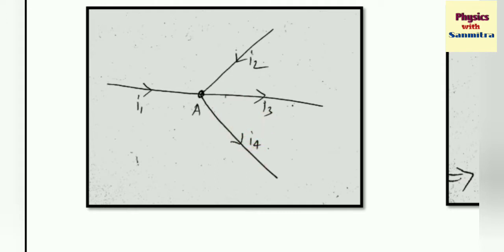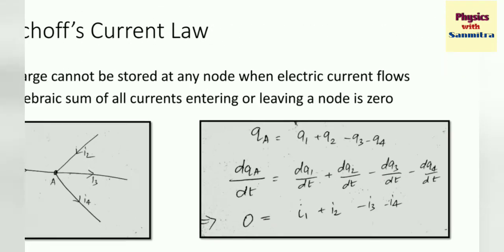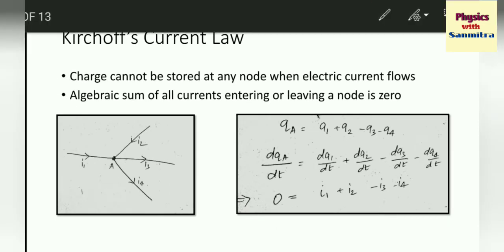Now according to KCL, what I can do here is take the algebraic sum of all the currents. I will assume that entering is positive and leaving is negative. You can do the opposite also, then also the answer will be the same. I1 is entering, so I will make it plus I1.